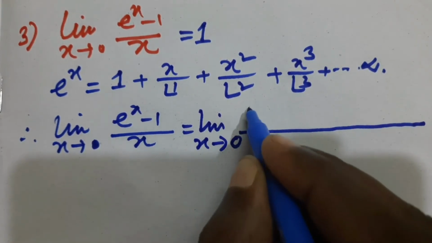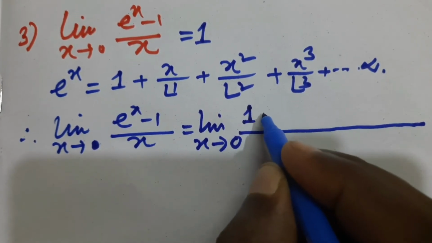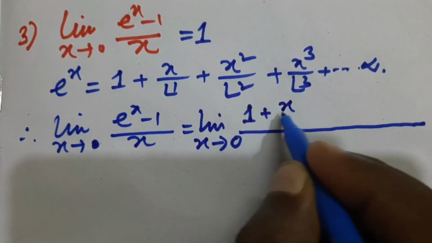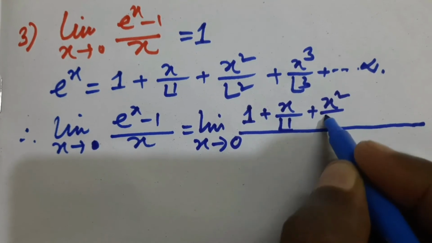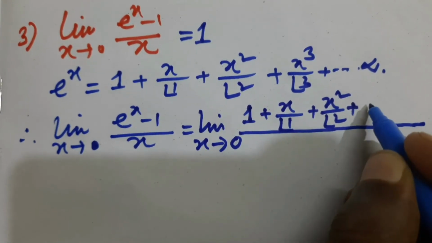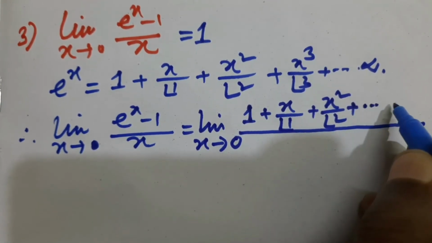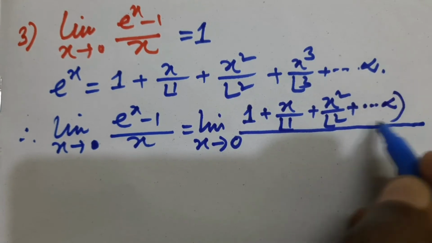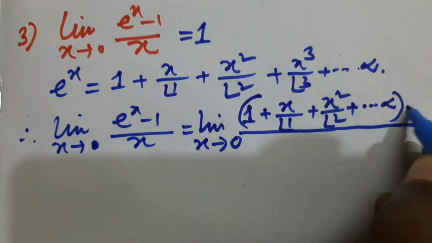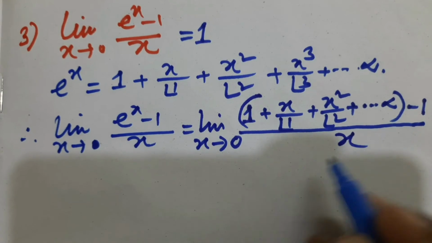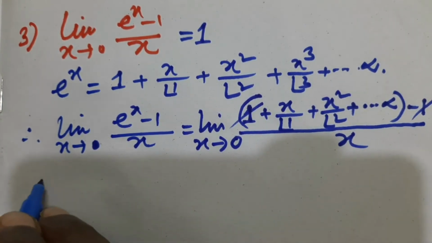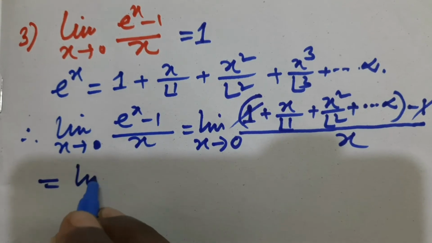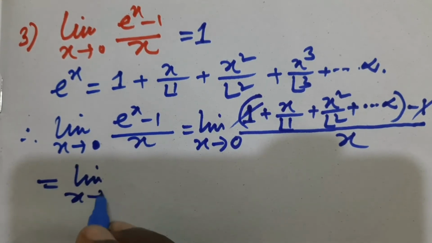In place of e to the power x we put the series 1 plus x by factorial 1, plus x square by factorial 2, so dot dot to infinity, and this is minus 1 by x, so the 1s are cancelled, so therefore limit x tends to 0.